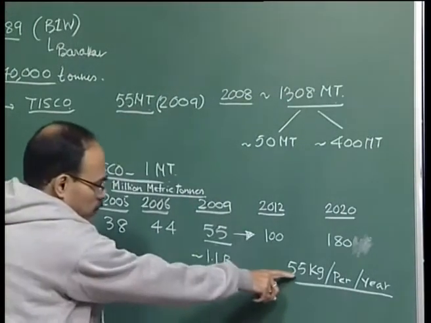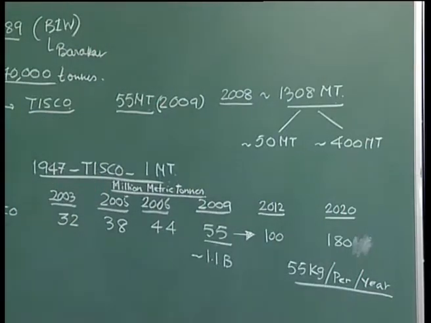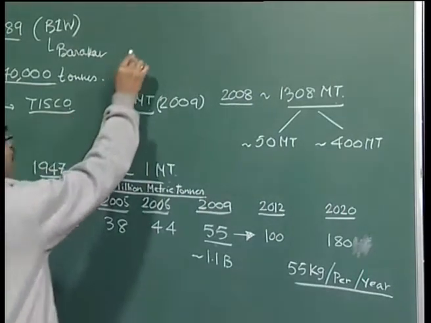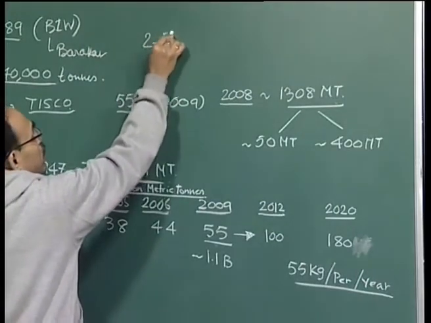Although this figure is an average one, there is quite a drastic range of the value, and someone estimated that in the villages of India, per capita steel consumption could be as low as 2 to 5 kg.